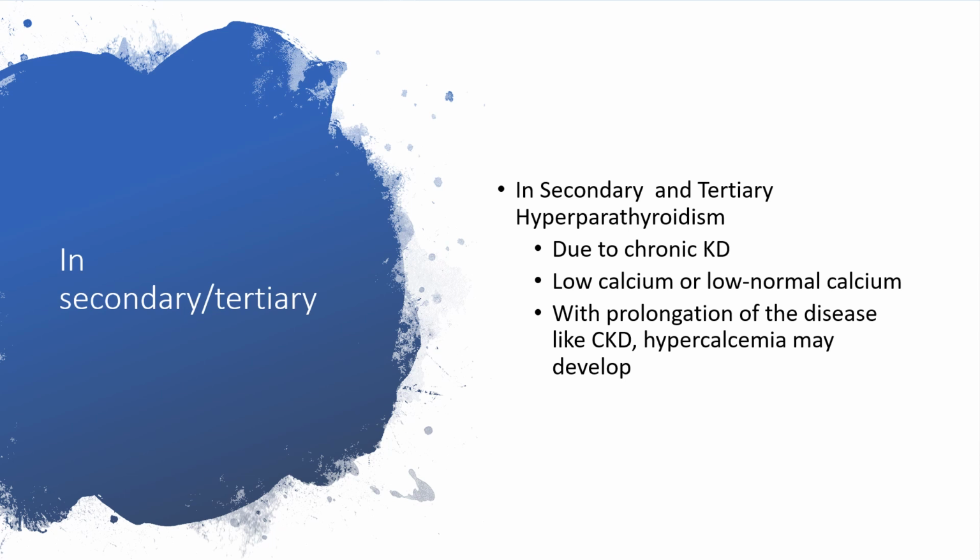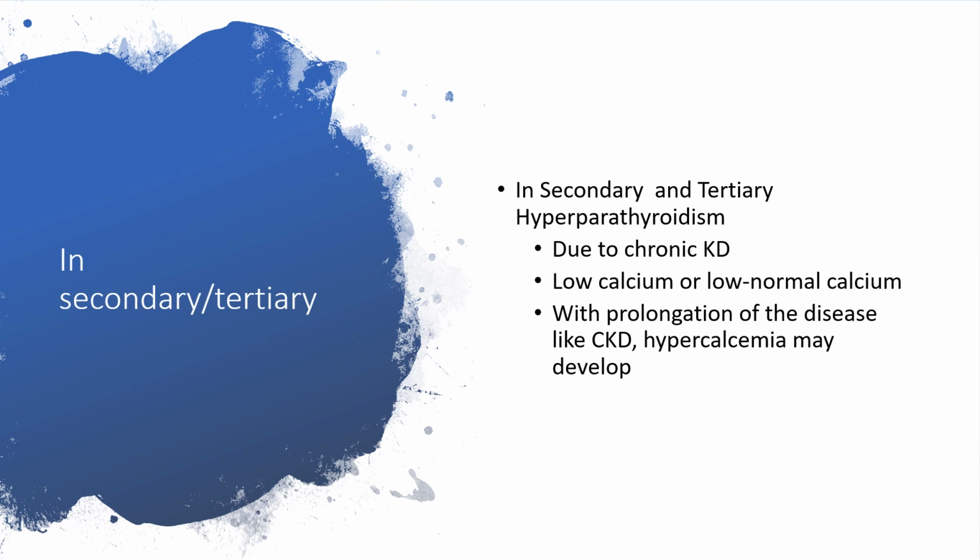So in secondary and tertiary hyperparathyroidism, that is in another situation like chronic kidney disease, low calcium or low normal calcium would trigger stimulation of the parathyroid gland. But when it is prolonged, when it is not corrected, and the chronic kidney disease is still there, then we'll be battling with hypercalcemia, and that is tertiary hyperparathyroidism.